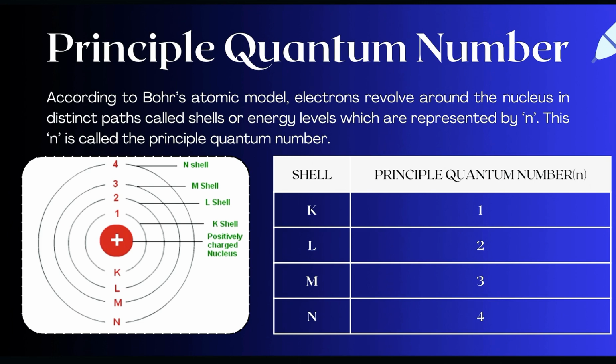You all can see in the diagram, from the nucleus, the shells 1, 2, 3 and 4 are assigned as K, L, M and N. And in the table you can see for shell K the principal quantum number is 1. For shell L the principal quantum number is 2. And for shell M and N so on.